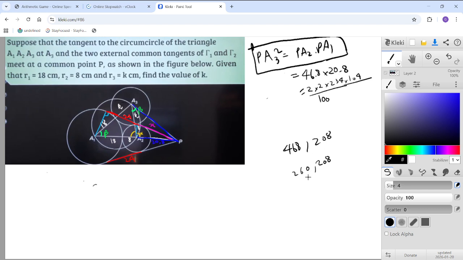You can subtract again. 260 it was, I think. Yes, that is why something went wrong. So 52 and 208, the HCF between them is 52.